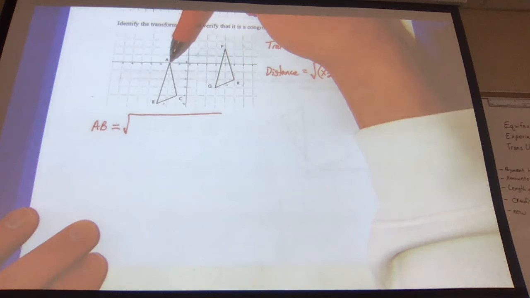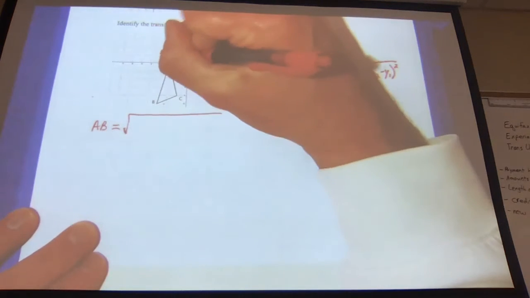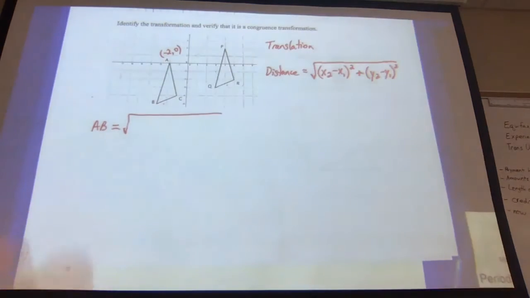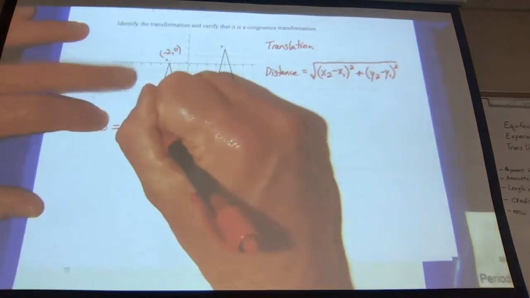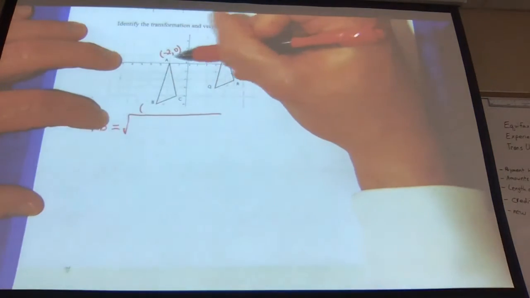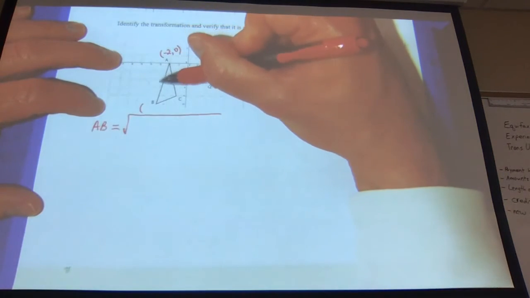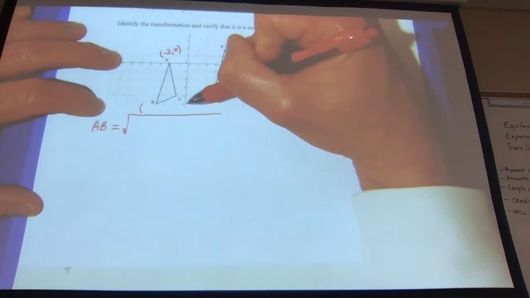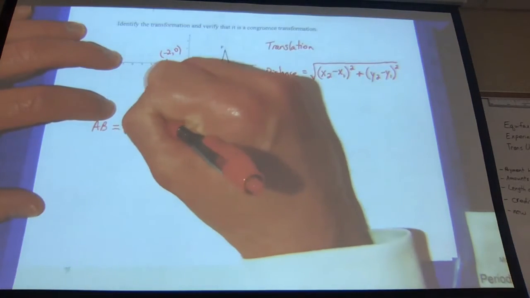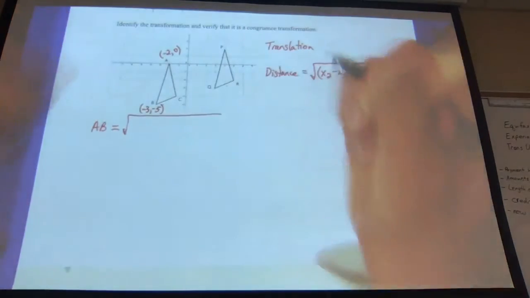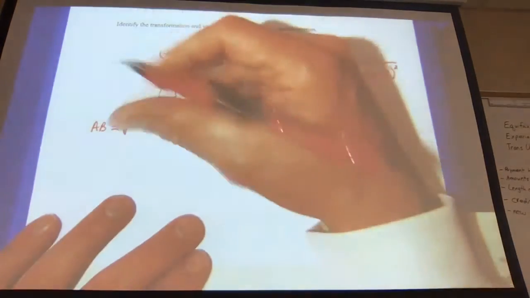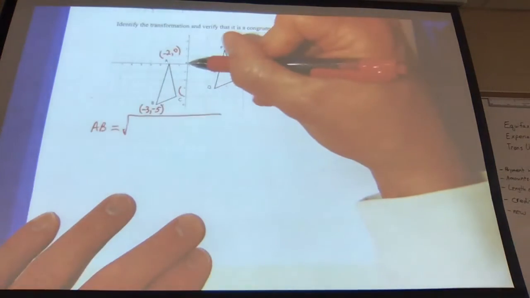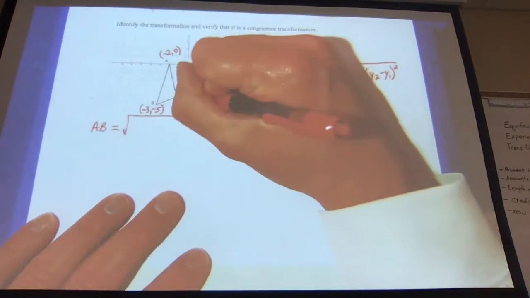That's a -2, right? Okay. -2, 0 for point A. Point B is -3, -5. And point C over here is at -1, -4.